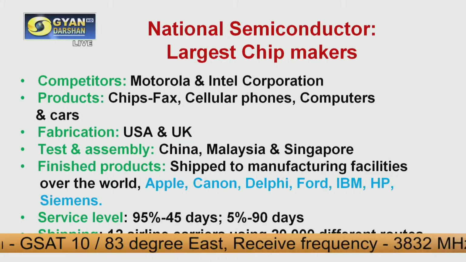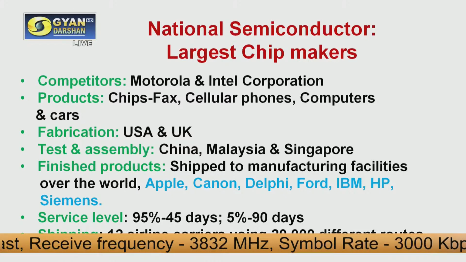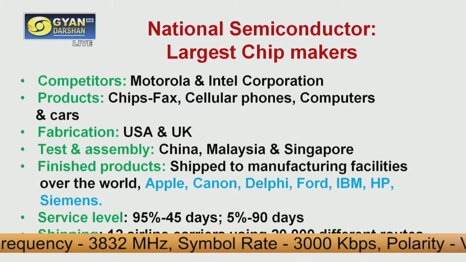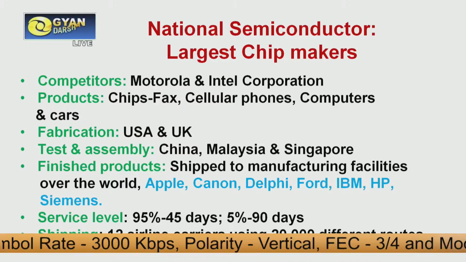And for shipping, they use 12 airline carriers using 20,000 different air routes. So you just see how complex the operations are in any multinational company.